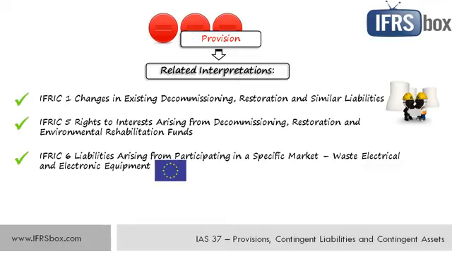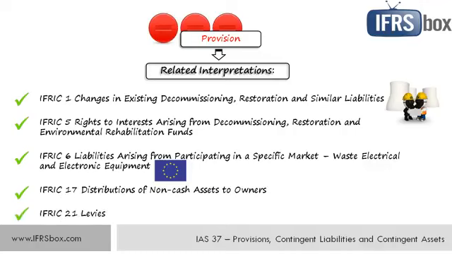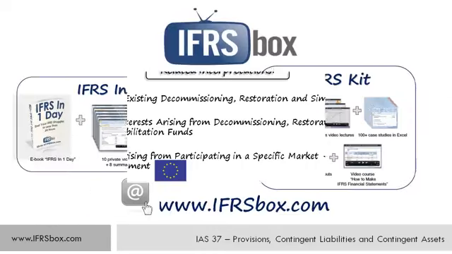And this applies mainly in the European Union, which obliges all producers to do so. Also, IAS 37 refers to two other interpretations, which are IFRIC 17, distribution of non-cash assets to owners, and IFRIC 21, levies. So this was a short summary of IAS 37.